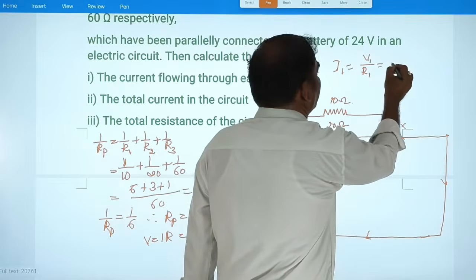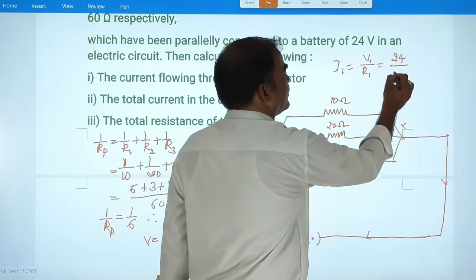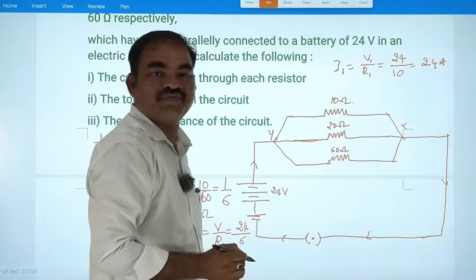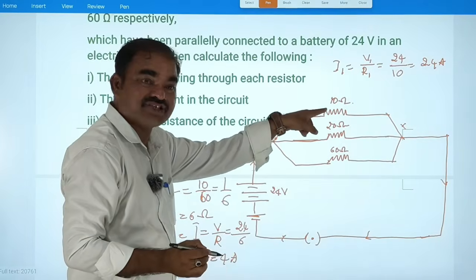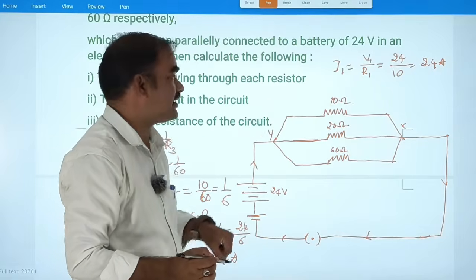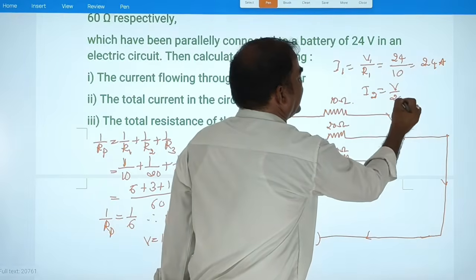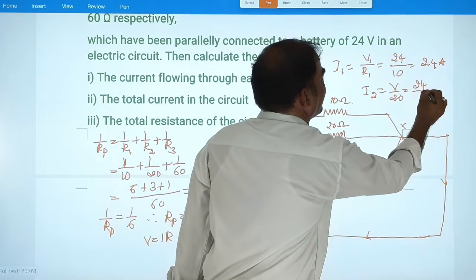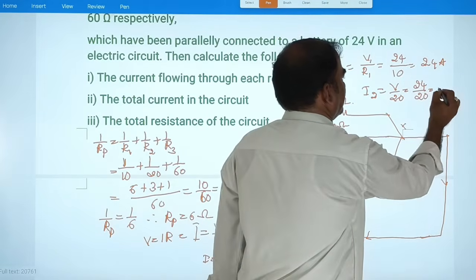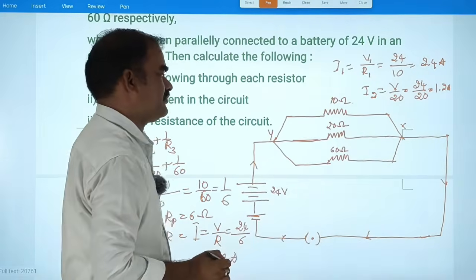V is 24 and R1 is 10, so we get 2.4 amperes. 2.4 amperes is the current flowing through the first resistor, R1, 10 ohms. Similarly, I2 equals V divided by 20. 24 divided by 20 gives 1.2 amperes.